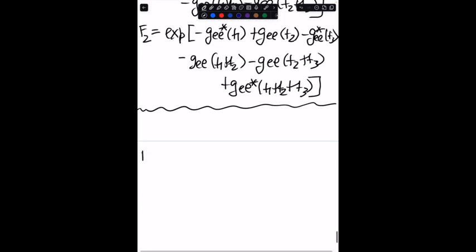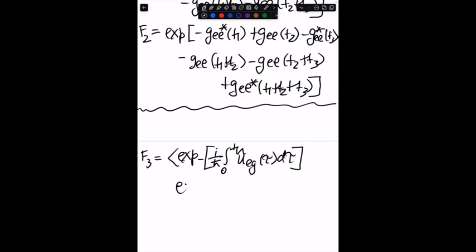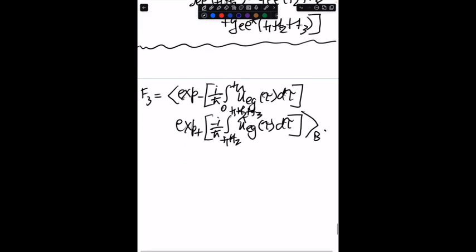Now we continue and we work on F3, which is the negative time ordered exponential 0 to T1, U hat e.g. tau d tau, and then a positive time ordered exponential T1 plus T2 to T1 plus T2 plus T3, U hat e.g. tau d tau, path ensemble average, and I expand the terms again the same way.